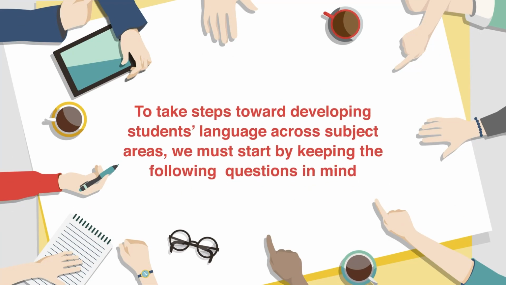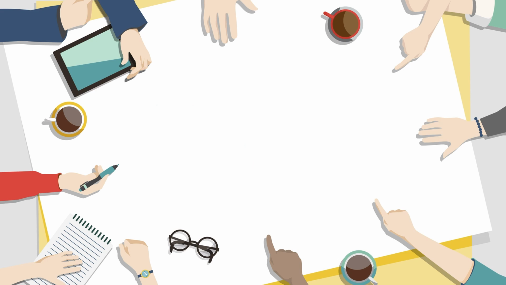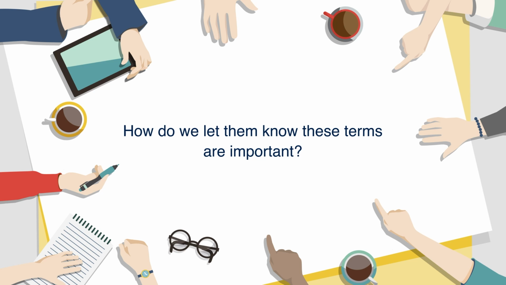To take steps towards developing students' language across subject areas, we must start by keeping the following questions in mind. What key terms or new vocabulary will students see when reading this text, studying this unit, or exploring this concept? How do we let them know these terms are important?